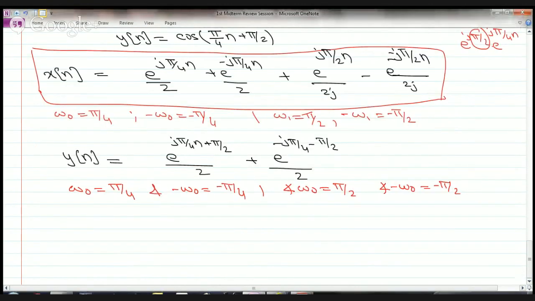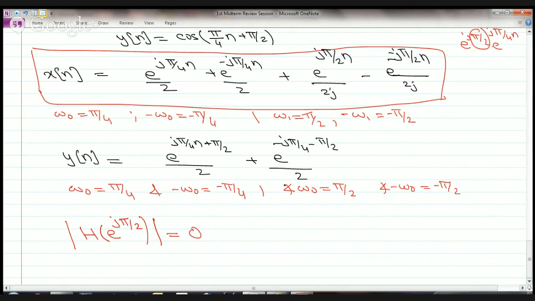So what has my LTI system done? I had 4 frequencies coming into the system, but I'm getting out only 2 frequencies. How can that happen? The only way that can happen is if the absolute value of H(e to the j pi by 2) was equal to 0.